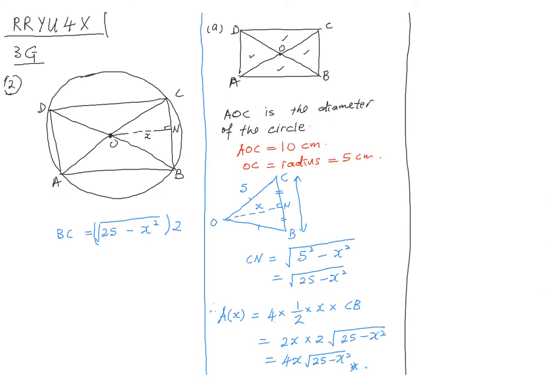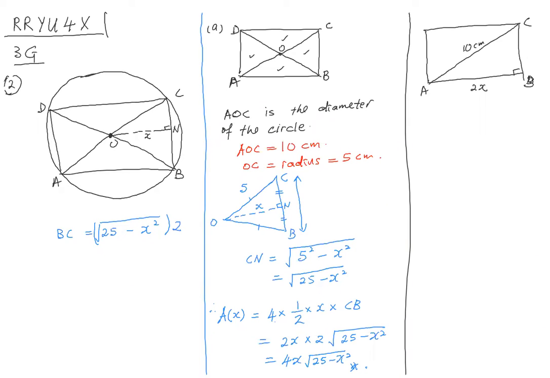You look at it this way. Now, for Thaddeus, he looked at it this way. He made the rectangle into 2 equal triangles. This is your A, this is the C, and this is the B. And this is a right angle triangle. Here is 10 cm, and here is 2x.